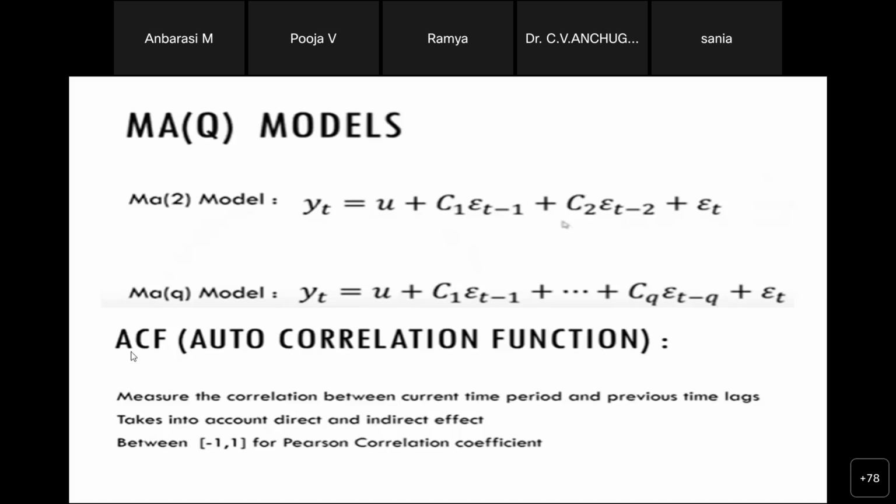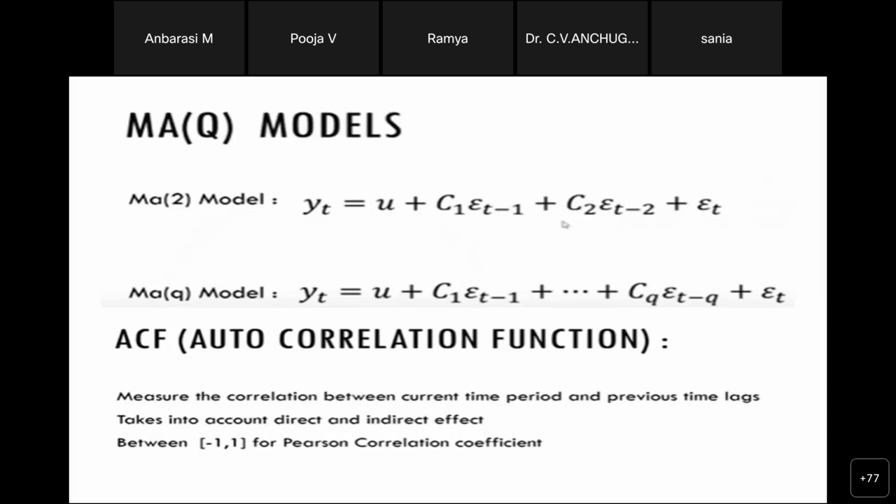Mainly for that purpose we go for this autocorrelation function. Generally for moving average, they find the autocorrelation function, because for what purpose do we go for correlation? Among the attributes, we have to find out how far one attribute is closely related to another attribute.